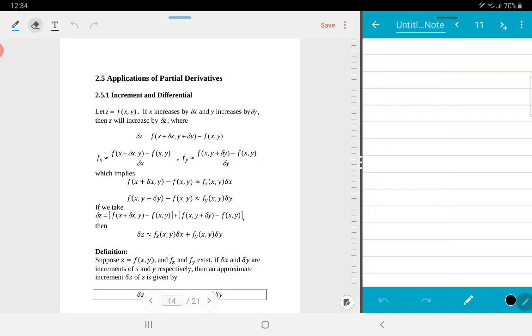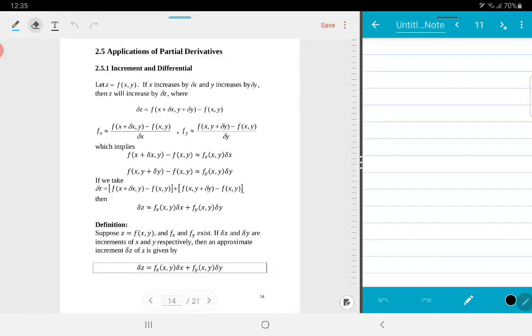Now, for delta z, we take the difference, and the expression in the first square bracket is partial f partial x delta x, and the expression inside the second bracket is partial f partial y delta y. So delta z is approximately equal to partial f partial x delta x plus partial f partial y delta y.